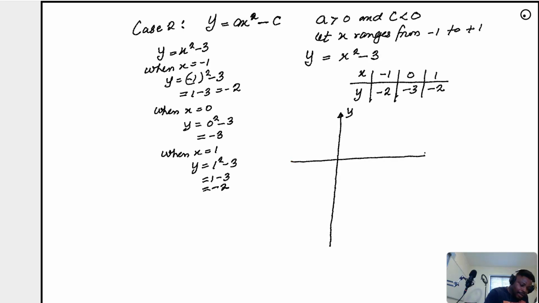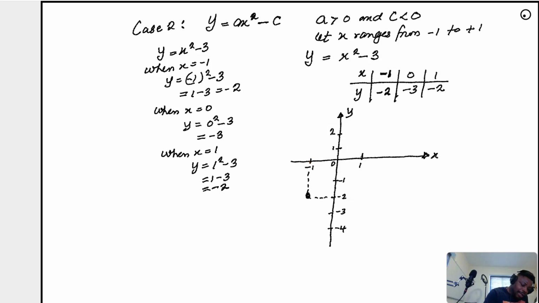This is y and this is x. So I have 1 here, 0, and I have minus 1. I have minus 1, minus 2, minus 3, minus 4. And I have 1 and 2. So when x is minus 1, our y is minus 2.